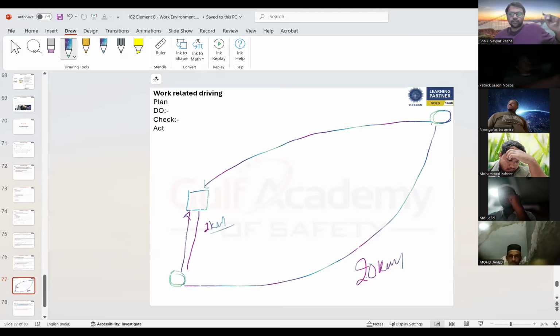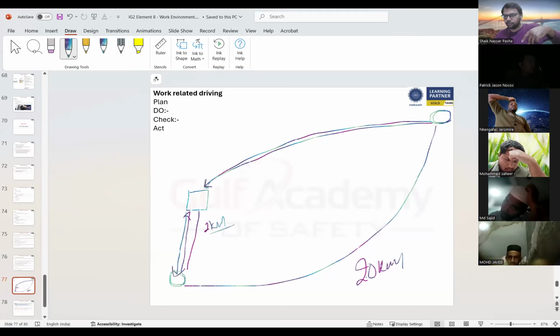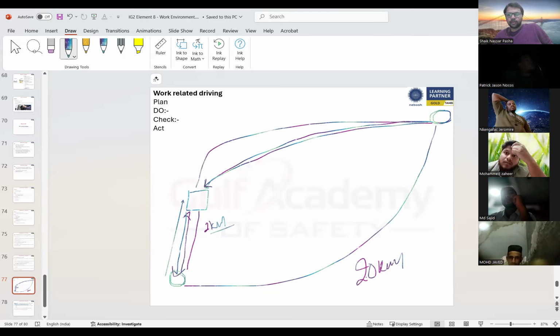So they said that you arrange your own transport, come to the nearest pickup point. From here, there are shuttle services. They'll pick you up from the bus stand to the office. Then again, once your job is completed, you get a shuttle service. They'll drop you to the nearest pickup point. From here, again, you have to manage your own transport. So what's happening here? Am I reducing the driver's driving time or not? Yes, sir. Yes, we reduce. So this way we can reduce the risk of drivers when driving for long durations.